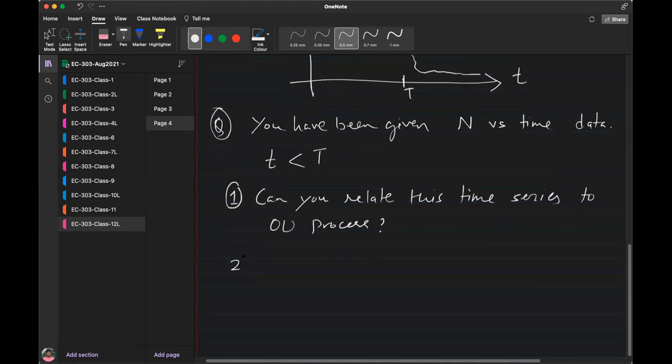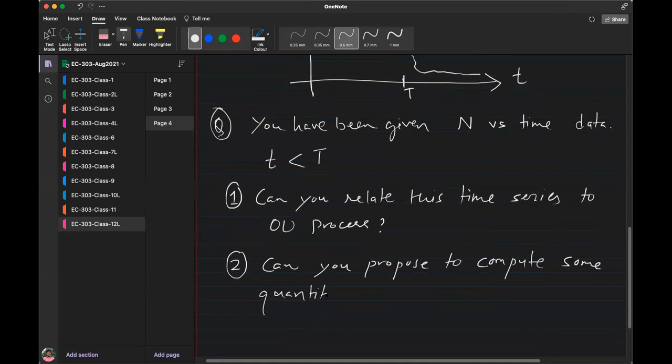The second question I have is, can you propose to compute some quantities that may help you know that you are approaching HC2?